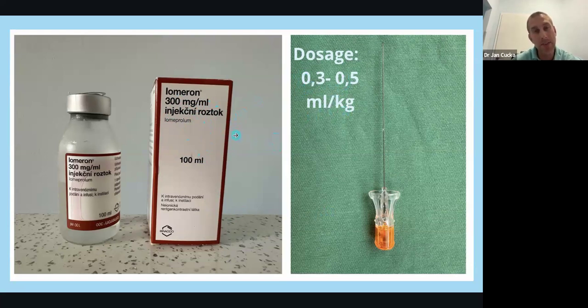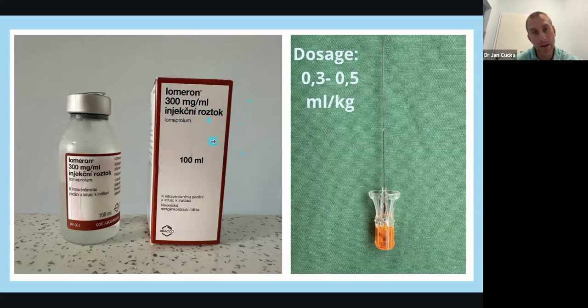And sometimes I need to increase the volume of the liquid which I'm applying into the spinal channel. So sometimes I use a dilution. So I dilute it. It's not 300 milligrams per mil, but usually it could be 200 milligrams per mil. And the rest of that volume is saline.